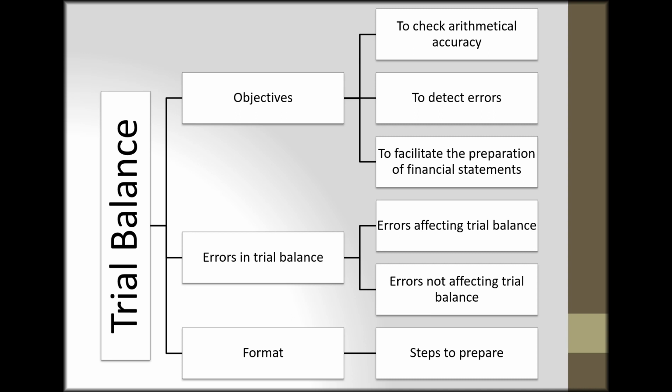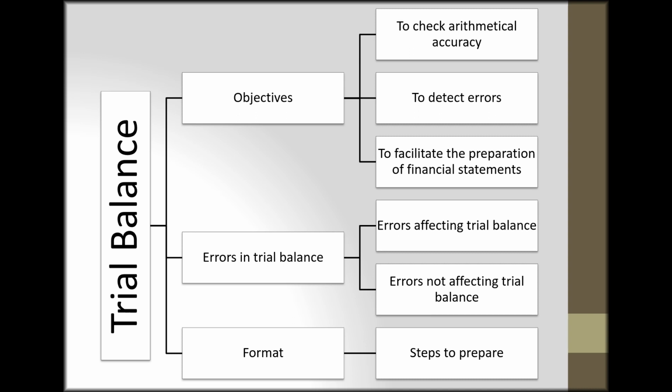Because when we prepare the trial balance, if the debit balance does not agree with the credit balance, or the amounts of debit and credit are different, we can detect, which comes to the next objective, errors or mistakes.